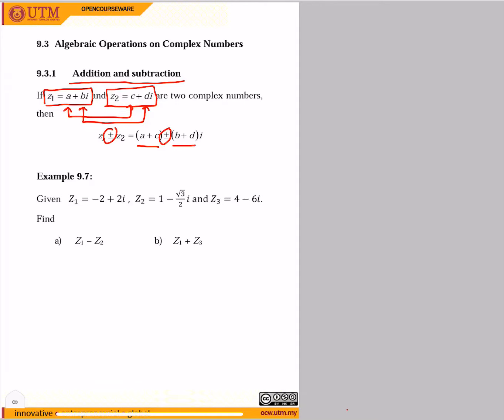If you look at the example, let's say we have Z1 and Z2 here, and we want to do subtraction. Z1 equals minus 2 plus 2i, and Z2 is 1 minus 3 over 2i. So when we have Z1 minus Z2, we have A plus C minus B plus DI.